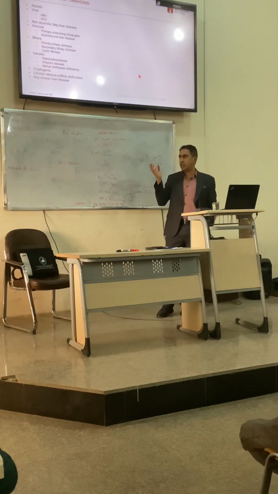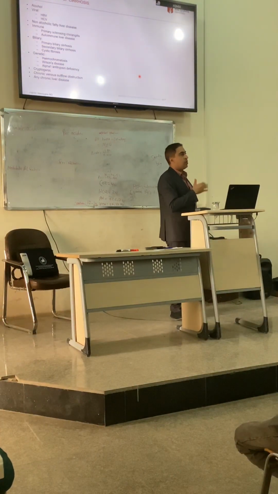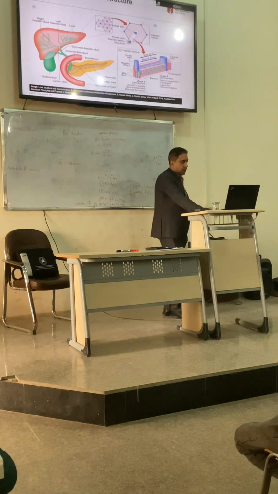So you told me there is alcohol, there is fatty liver disease, viral hepatitis, and immunological disease, autoimmune disease. And if it's all negative, we search for metabolic causes or congenital causes.